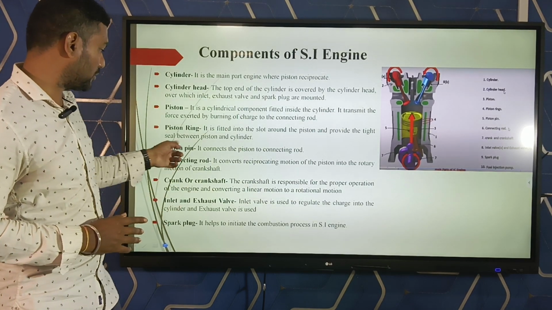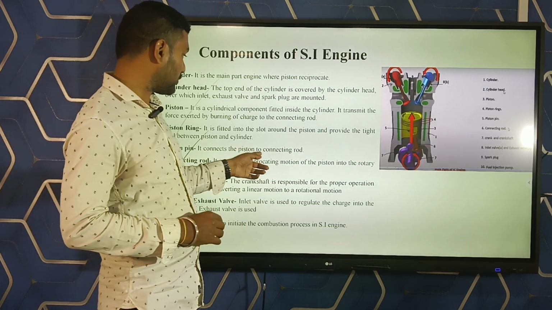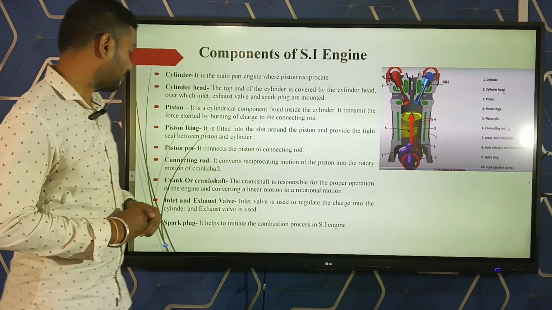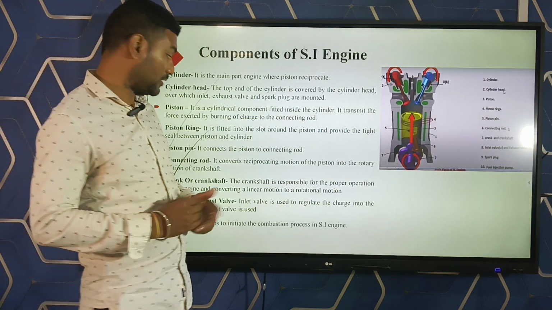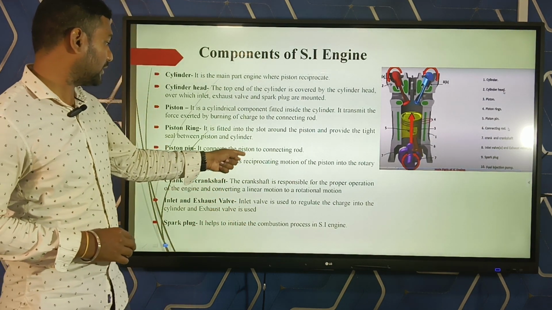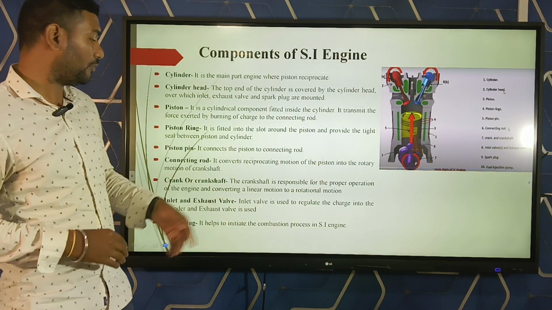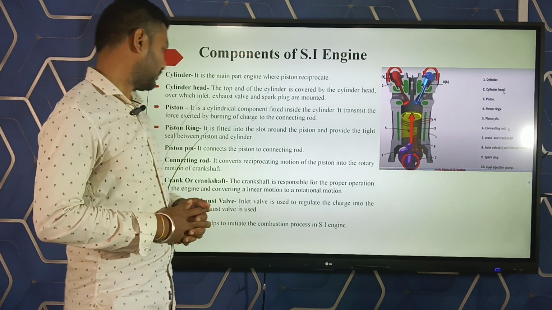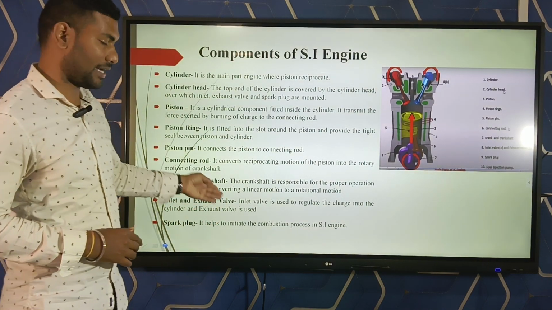The fifth component is the piston pin. It connects the piston to the connecting rod. And the sixth component is the connecting rod. It converts the reciprocating motion of the piston into the rotary motion of the crankshaft. Then the next component is the crank or crankshaft.